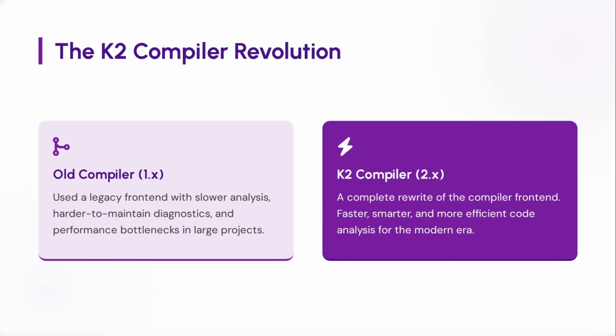If you have an application having 10 or 20 modules, the old compiler, or we can say the legacy compiler, used to compile all the modules. The K2 compiler builds faster and compiles faster, because it uses an incremental option, right?